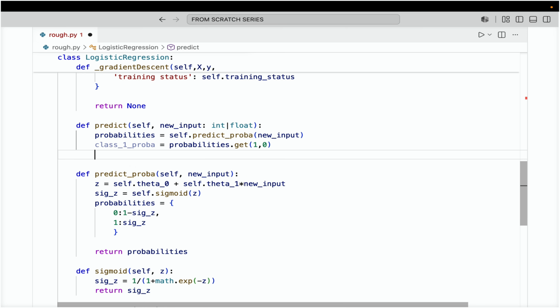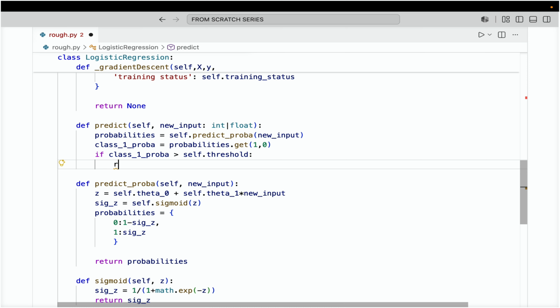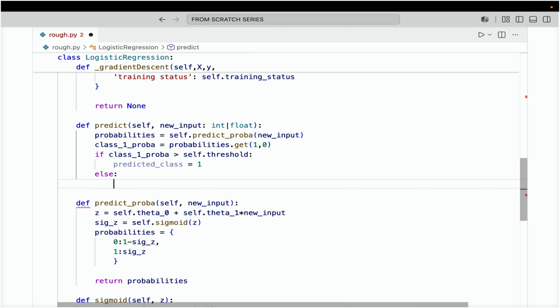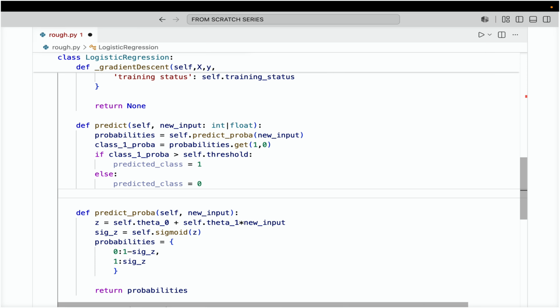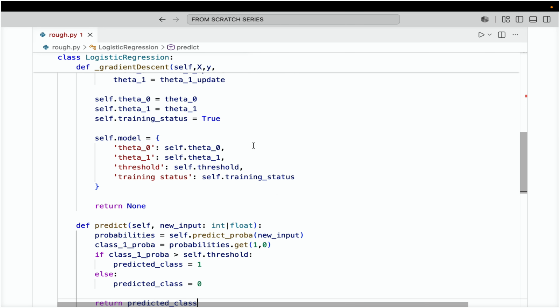Yeah, looks about right. And if class 1 proba is greater than the threshold that we have set, we give predicted class as 1. I'll just put else predicted class as 0, and then we return the predicted class. Looks right.